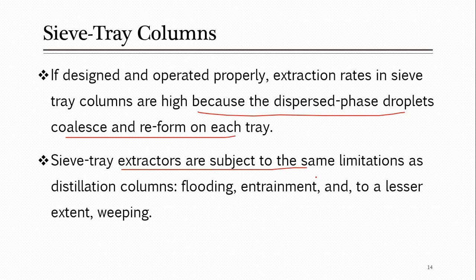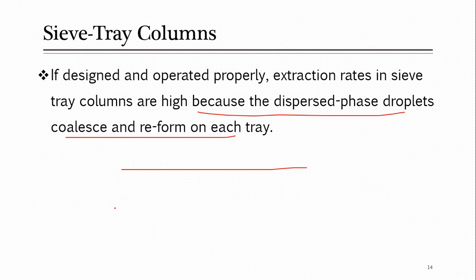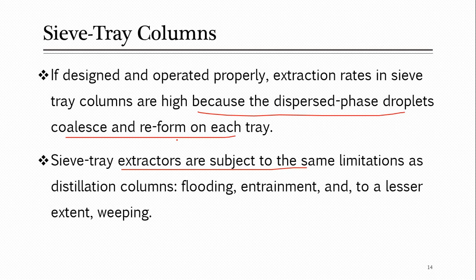extractors are subject to some limitations. And what are those limitations? As we are saying here, they are very good and can be used in a better way as compared to the previous ones, but still they also suffer some problems. And what are those problems? As they look like a distillation column, they will definitely face the same issues as a distillation column.